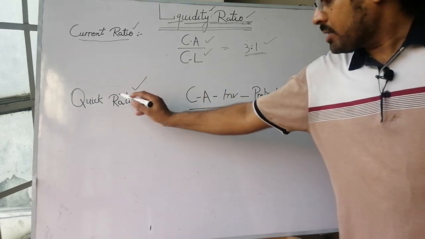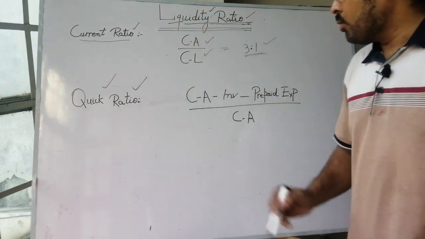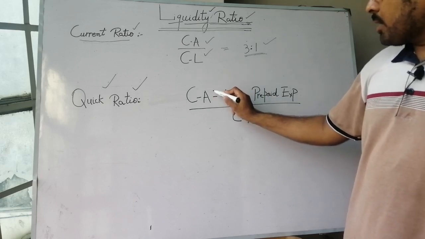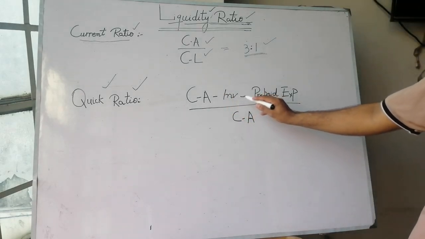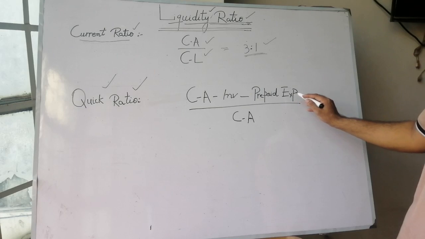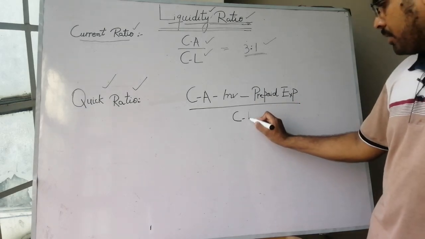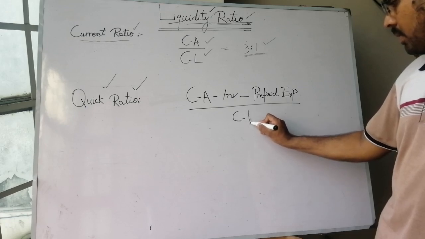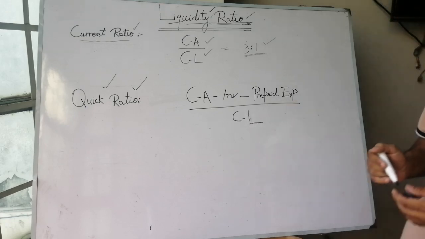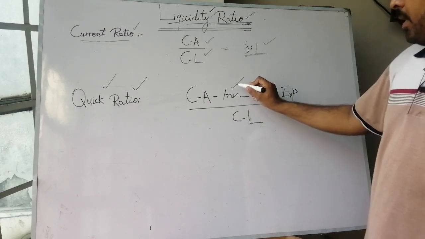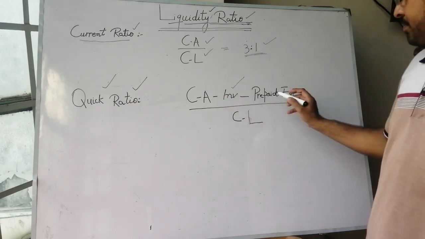The second one is the quick ratio. The quick ratio is the same as the current ratio. The difference is that the formula is current assets minus inventories minus prepaid expenses, divided by current liabilities. Inventories are a very big part of the current assets.